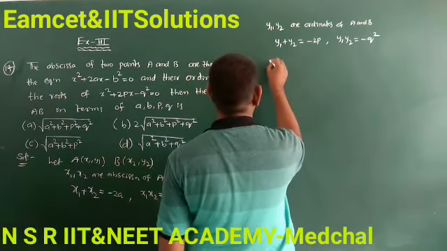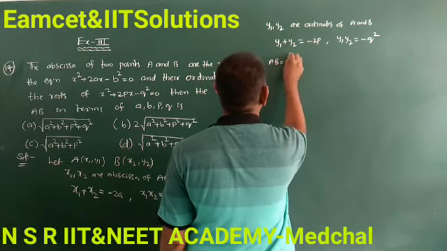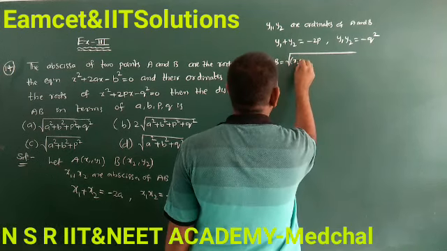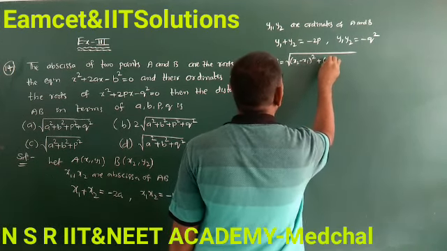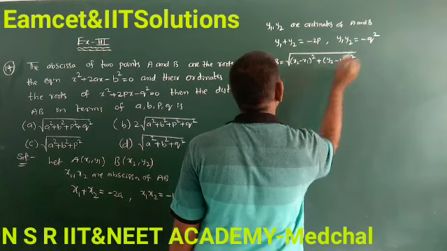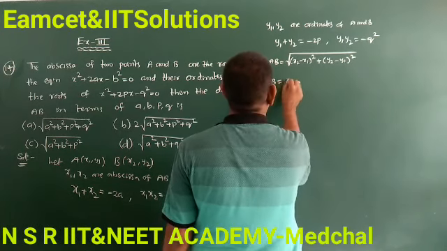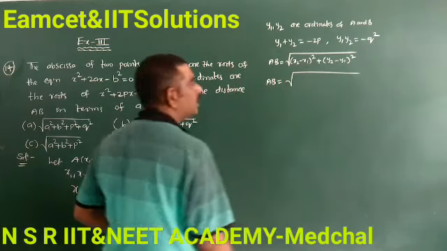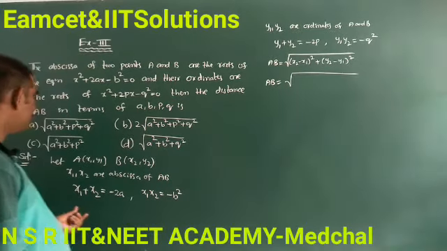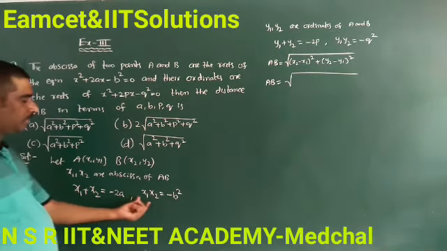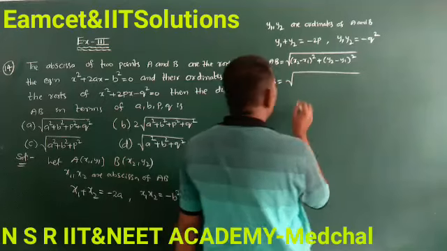So the distance AB is equal to under root of (x2 minus x1) whole square plus (y2 minus y1) whole square. But we don't have the values of x2 minus x1 and y2 minus y1. We have the values in terms of x1 plus x2 and x1 x2. So this is in a minus b form.